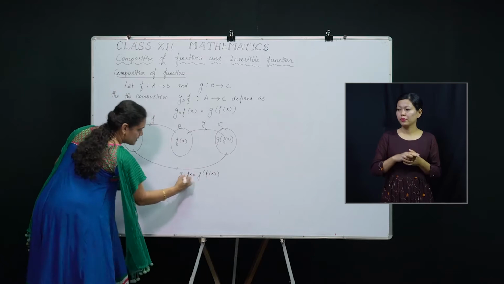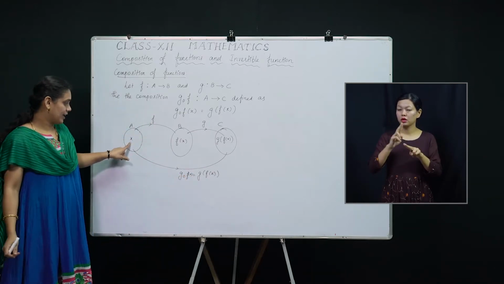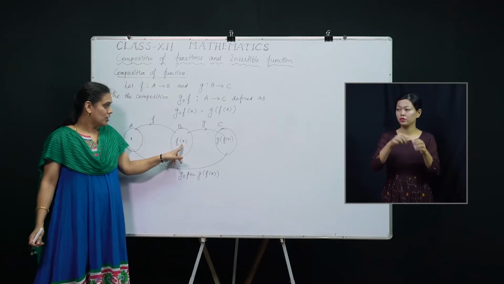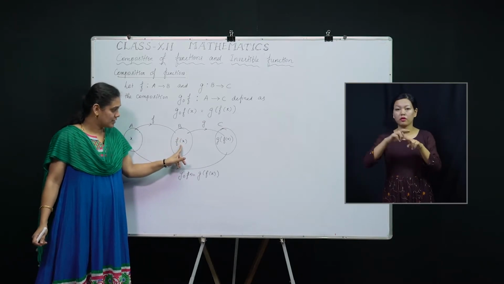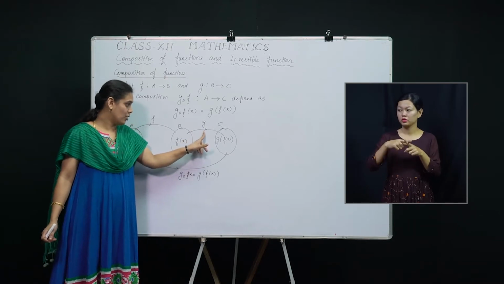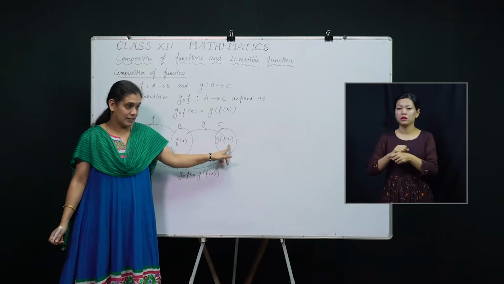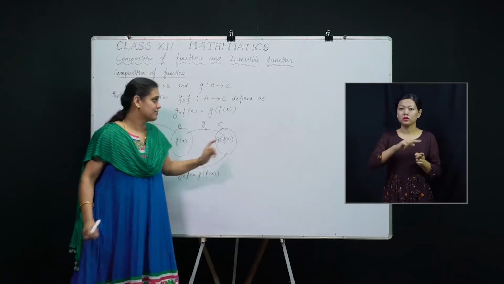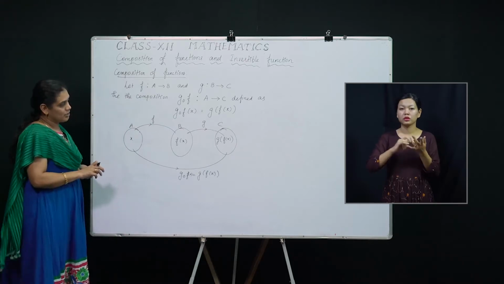When you take an element x in A, when it goes under the function f, it becomes f(x). That is our range. And when we operate a function g on this f(x), it gives us g(f(x)), isn't it? So in this composition, x will be related with g(f(x)). Okay, so it is very simple.